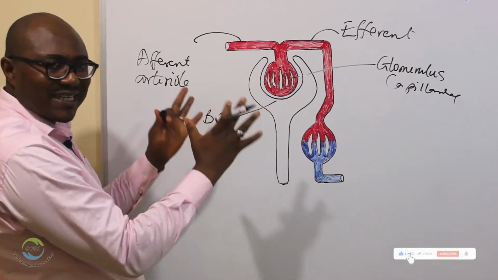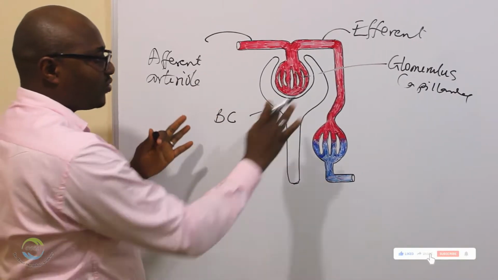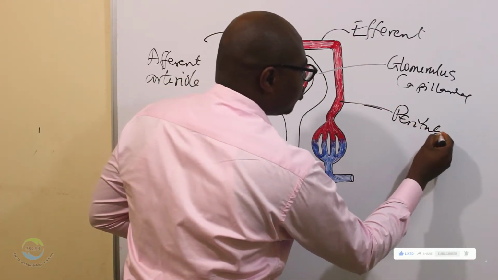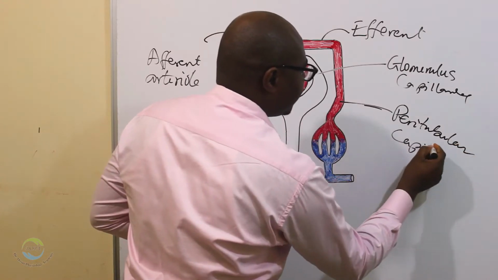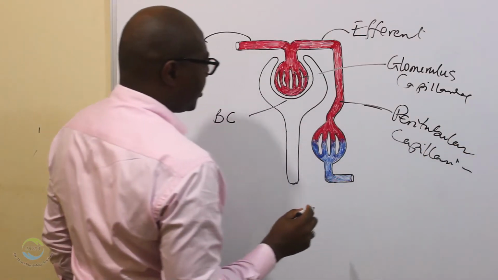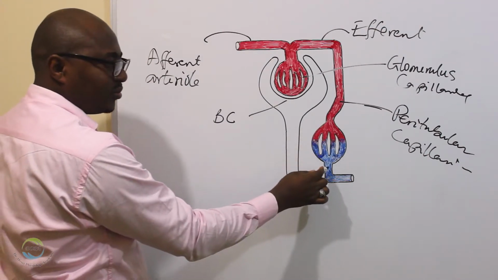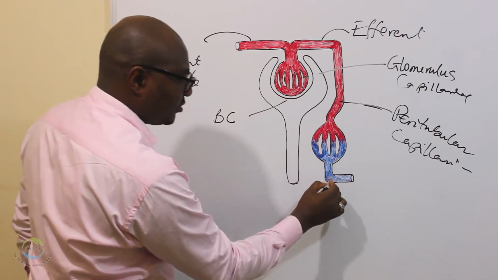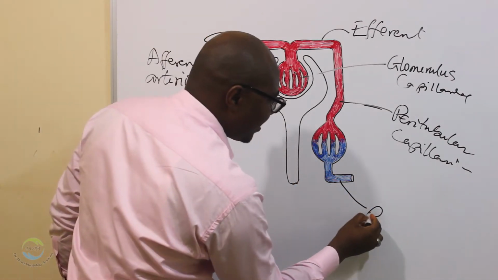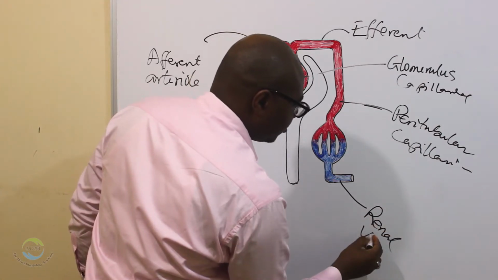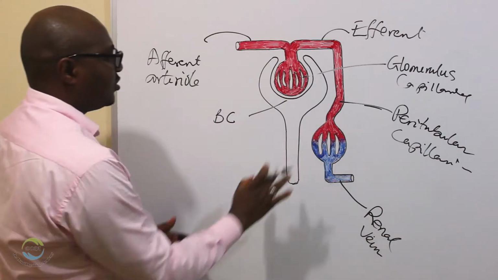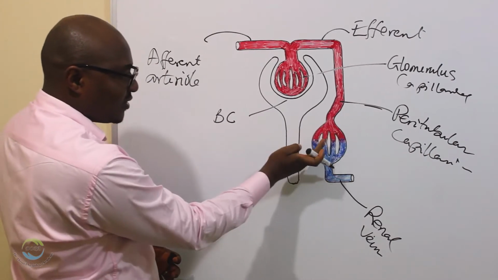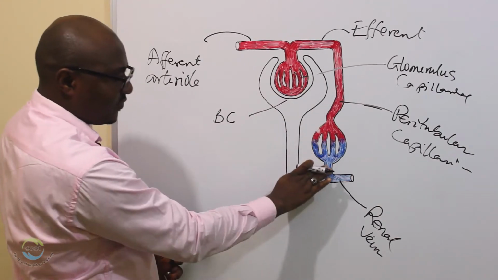This is just a schematic diagram, it's not the exact way it looks. Then it becomes the vein, so everything now leads to the renal vein.